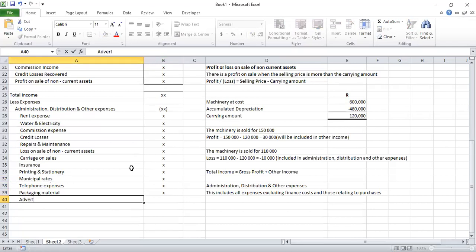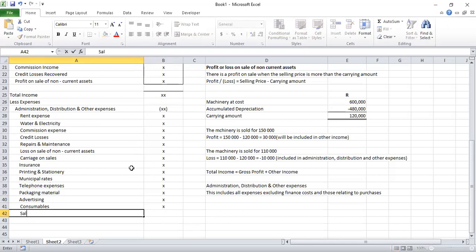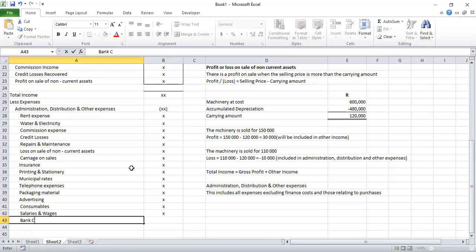Advertising. Consumables. Salaries and wages. Bank charges. Sundry expenses.